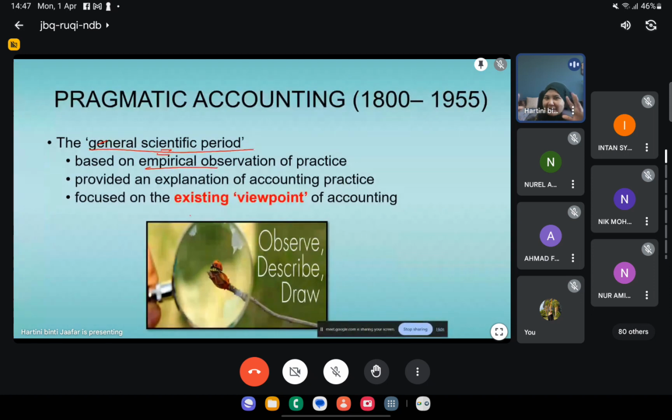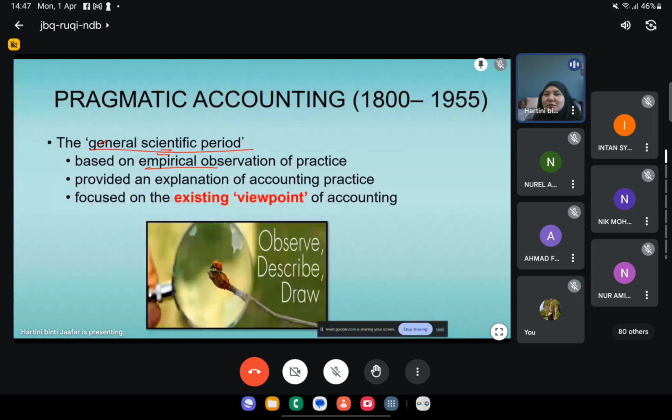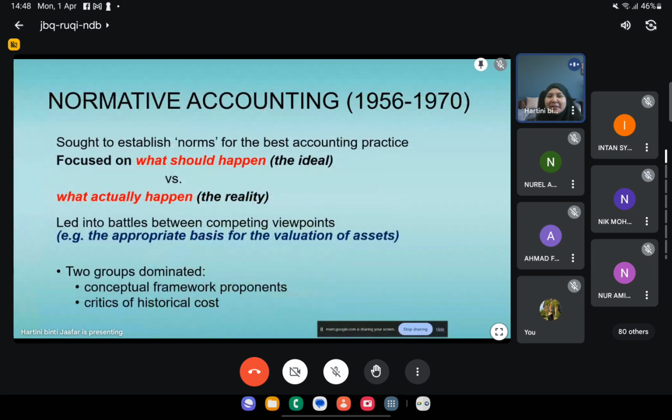So dia dah mulalah dia punya orang kata bunga-bunga dia tu nak ke arah the establishment or the proposition of accounting theory.